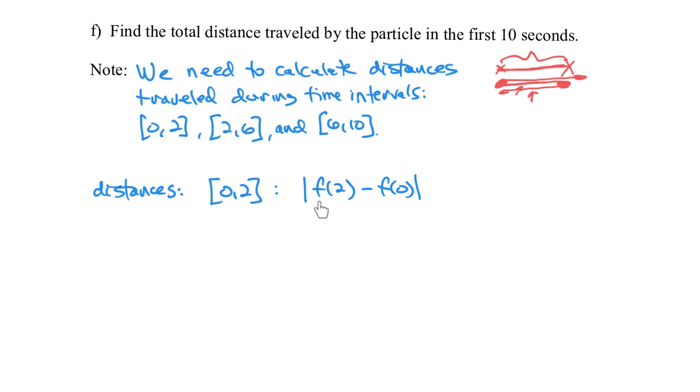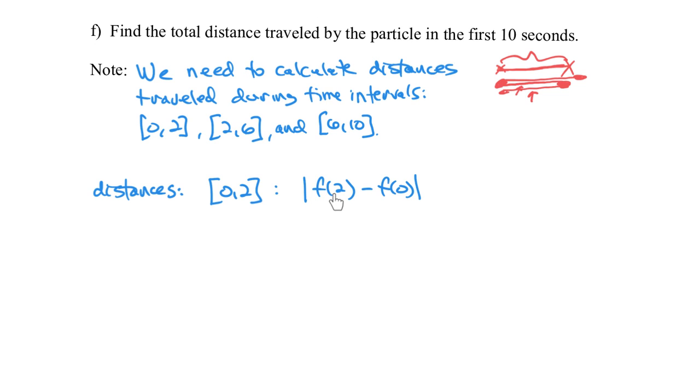We want to figure out what our position was at 2 seconds and subtract that from our position initially at 0 seconds. Then we take the absolute value so these don't cancel out. If one of these gave us a negative number, we wouldn't want it to cancel, because they're going in different directions. So we use absolute value to get the magnitude of this change, and that'll be the distance.